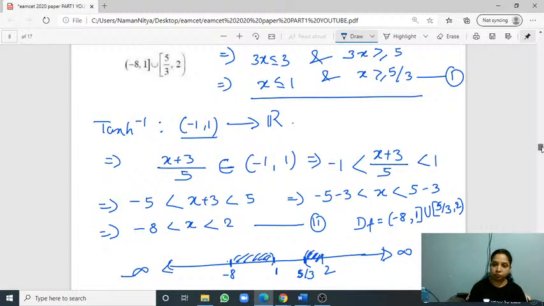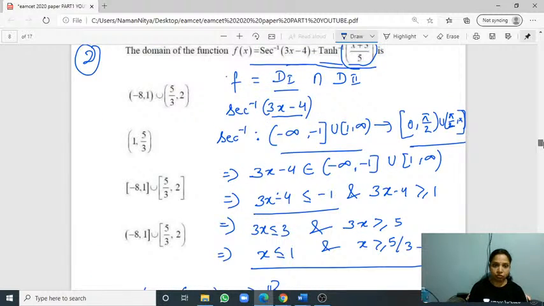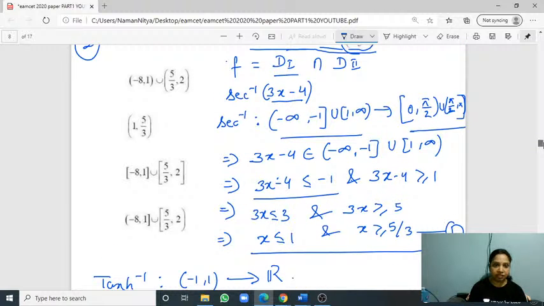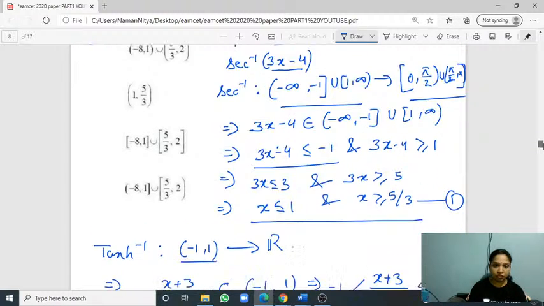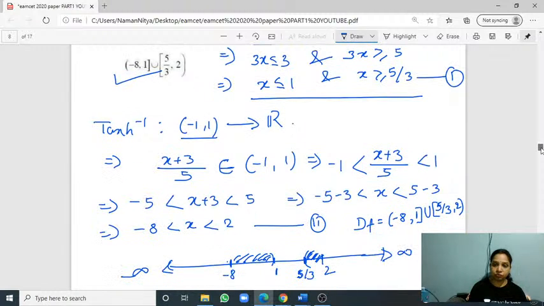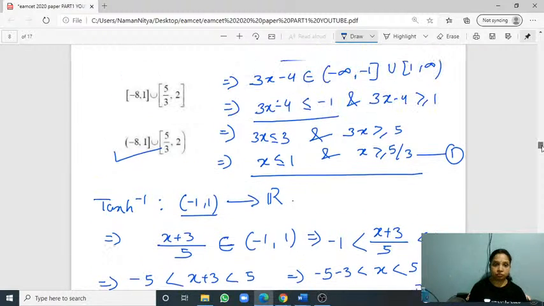This will be the domain. Let me go through the options. Yeah, which option is the correct one? Minus 8 comma 1, union 5 by 3 comma 2. So you can check the fourth option is the correct one.